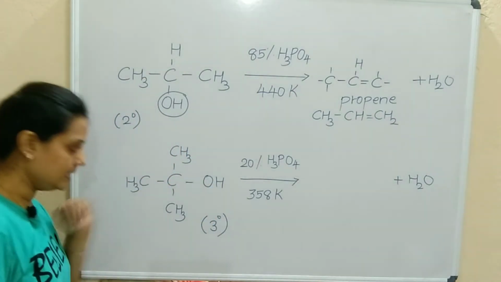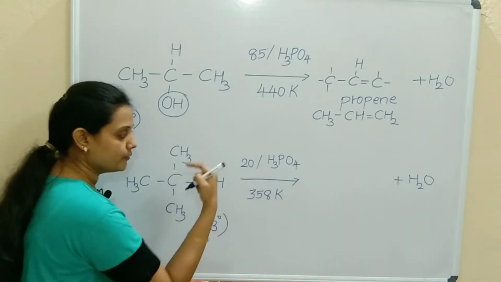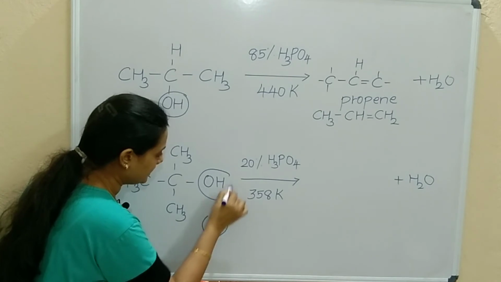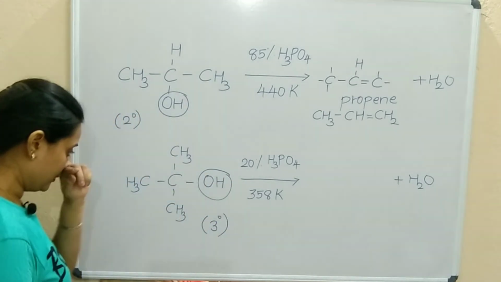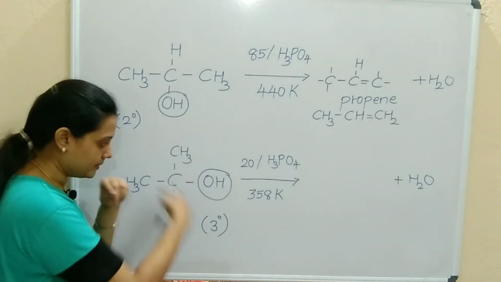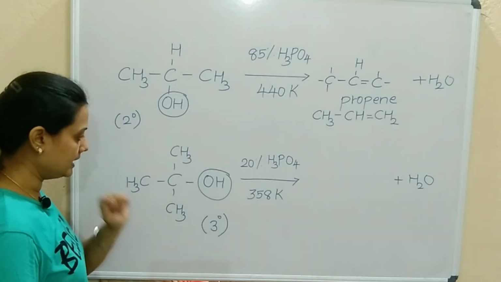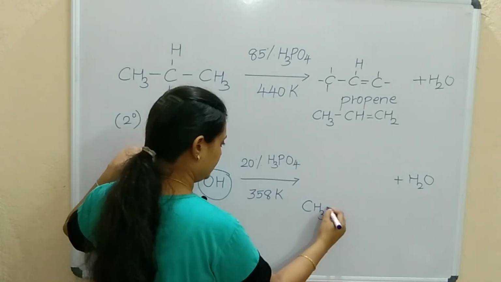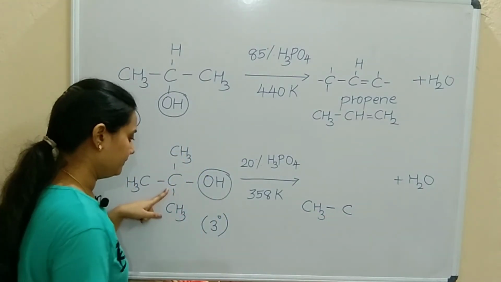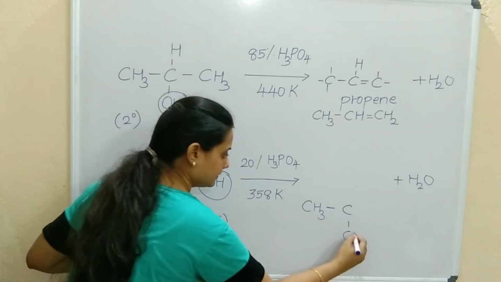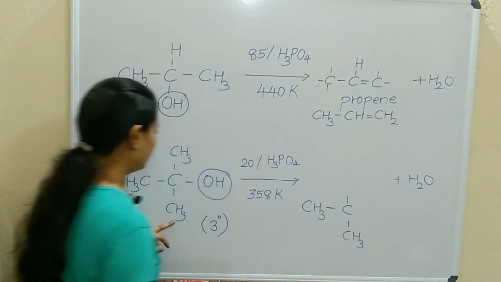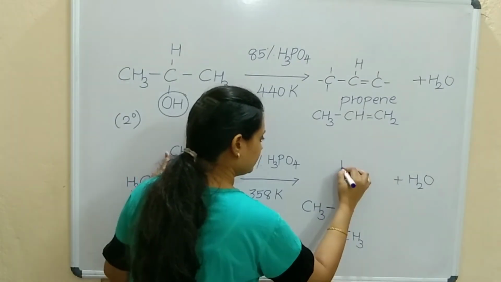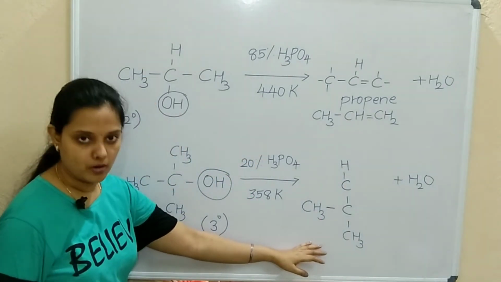Same way here. Phosphoric acid, a dehydrating agent, water is removed. So OH will be removed from here. Now H from any one of these carbons can be removed. I will remove it from here. So it will become CH3, then C, this CH3 as it is, and over here one hydrogen is removed, so it is C and H. I am just writing to show you how many bonds you have to put.